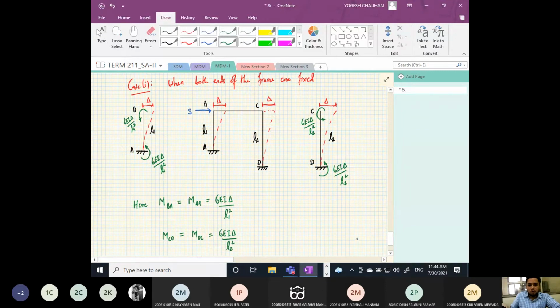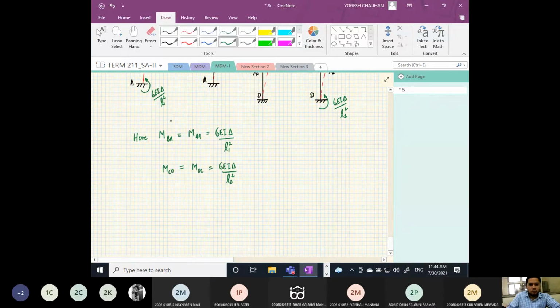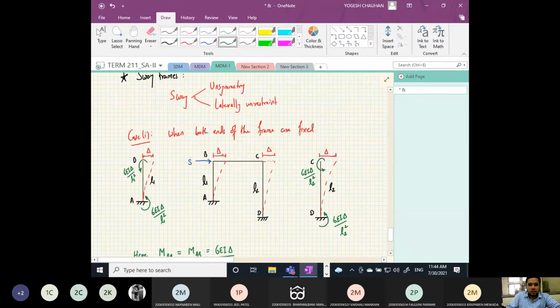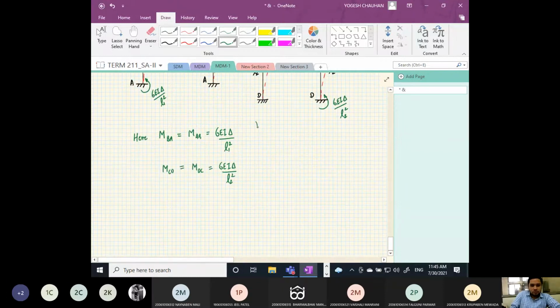We don't know the value of delta, but we know that delta is the same for both these moments. So we can say that MBA is proportional to MCD. So 6 EI delta by L1 square is proportional to 6 EI delta by L2 square.